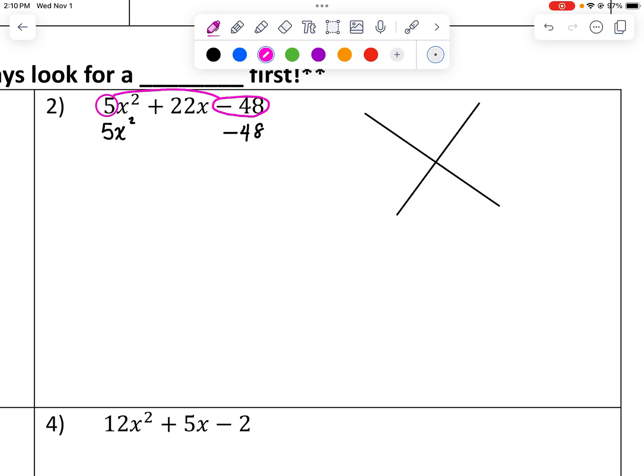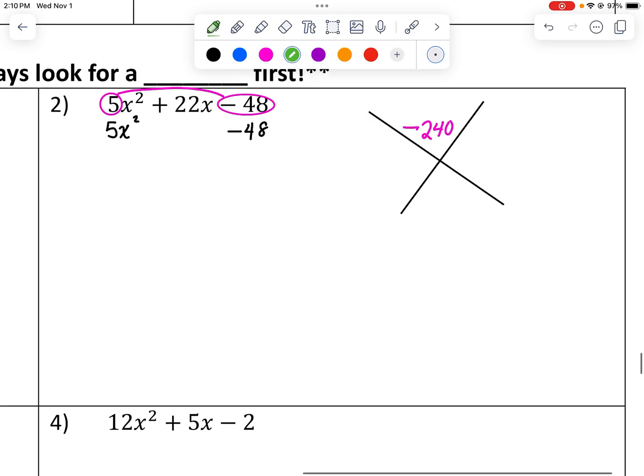And 5 times negative 48 is going to be a negative number. 5 times 50 would be 250, so how about 240? I believe it's 240. And then the number in the middle, the value of b, is 22.